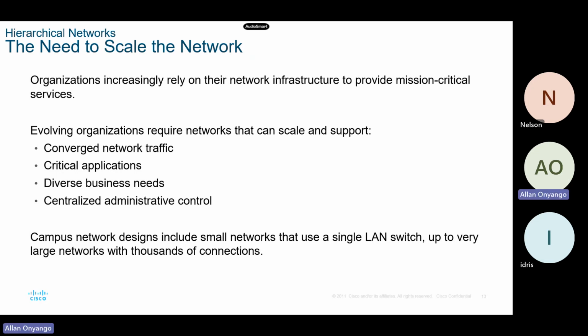And they require the network to be very scalable and to support so many things. Among them is converged network traffic, some critical applications like voice over IP, video conferencing and all that, business needs, and they require some centralized administrative control of their networks.